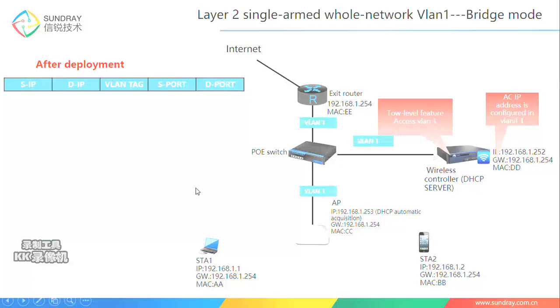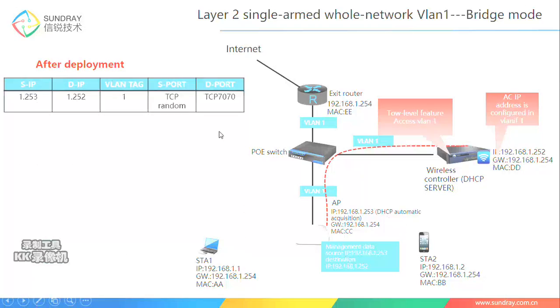We set VLAN 1, and this is the control tunnel here, and the management data has source IP the AP's IP and destination the controller's IP. So this is the control tunnel, and the control tunnel uses TCP 7070.